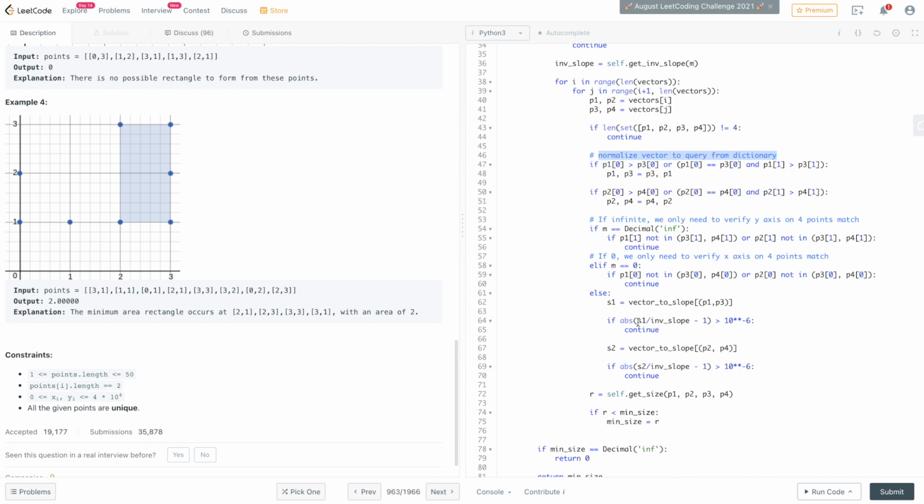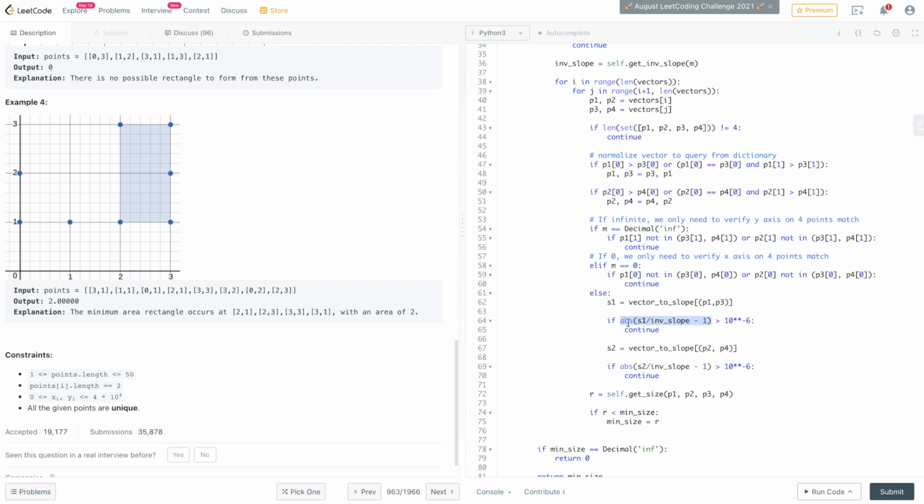So you can't just check whether S1, the slope 1, is exactly equal to the inverse slope. So what I'm doing is dividing S1 by the inverse slope and subtracting 1, which in a perfect world will give 0. If this mathematical function returns anything that's greater than 10 to the negative 6, we could just continue on to the next loop. And we do the same thing with the other 2 points, P2 and P4.